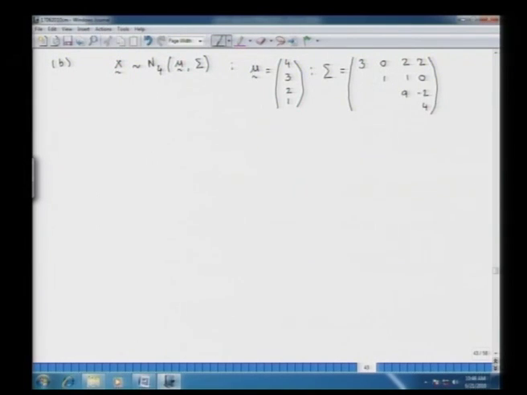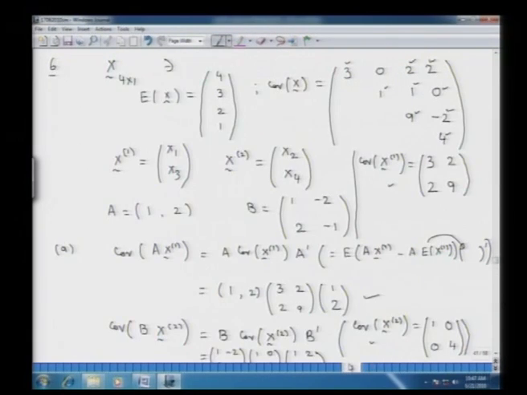Now, in this problem we are trying to find the joint distribution of AX1, the first subvector, and BX2, the second subvector. Note that these subvectors were defined as follows: X1 was given by this and X2 was given by this.